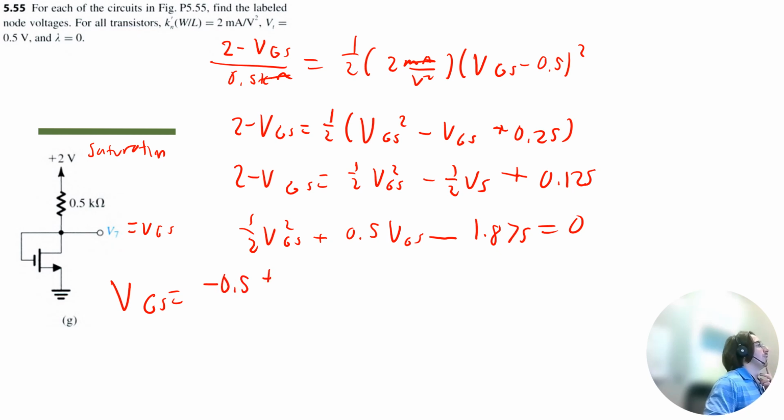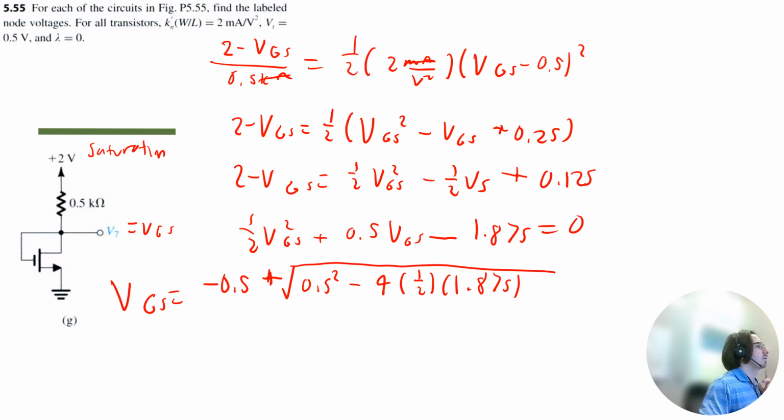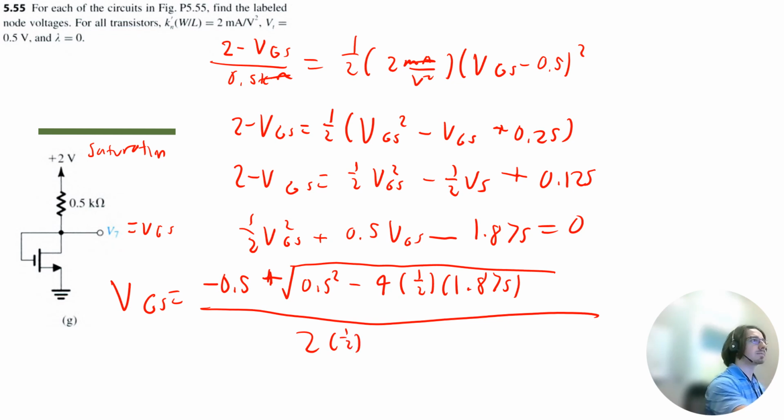Again, we're only concerned with the positive square root, adding it, of 0.5 squared minus 4 times 1/2 times negative 1.875, all divided by 2 times 1/2.